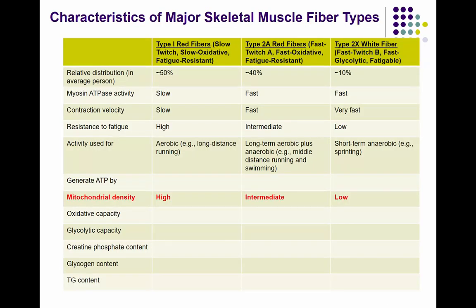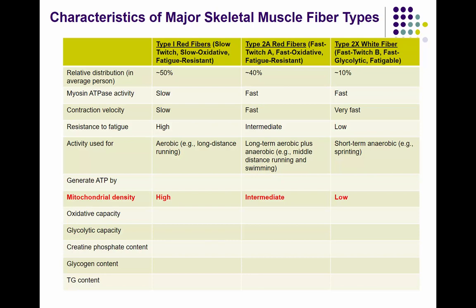Before we talk about energy metabolism during exercise, the very important thing that we need to learn first is the muscle fibers. This is a table I think is very important. Try to remember it, and try not to look at your notes. Look at the screen. In our body, we have three different types of muscle fibers.